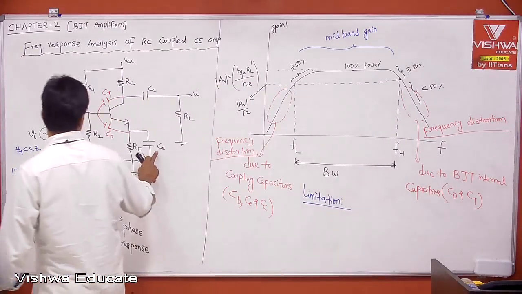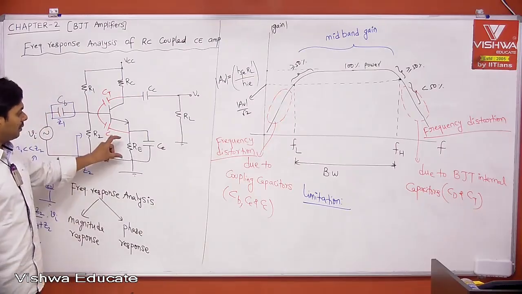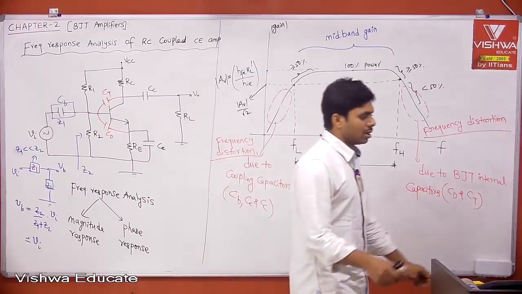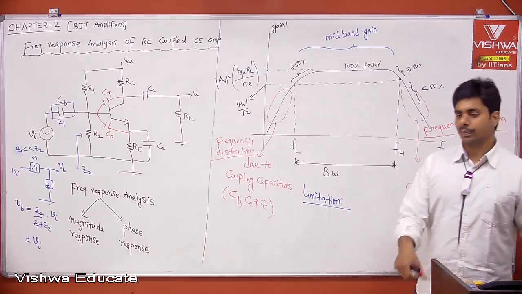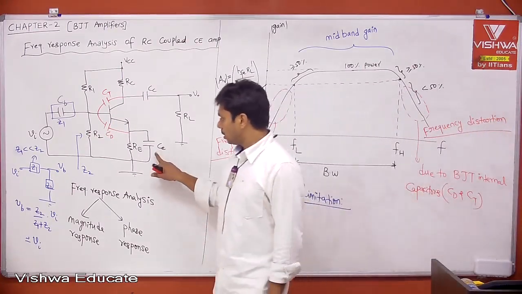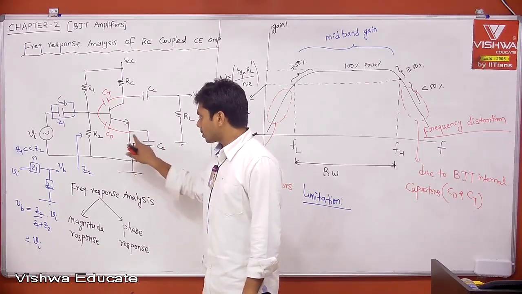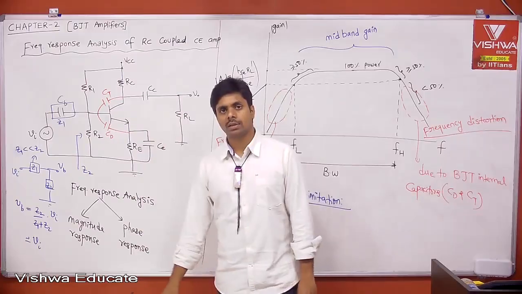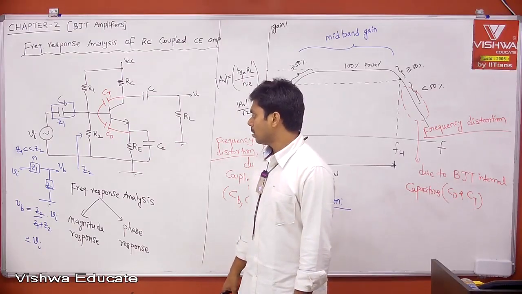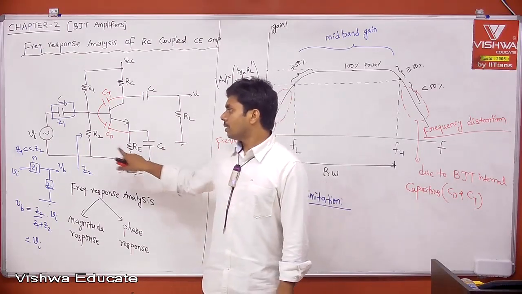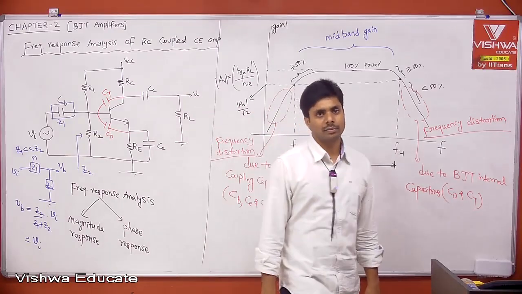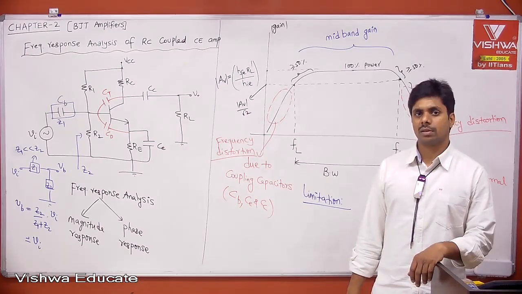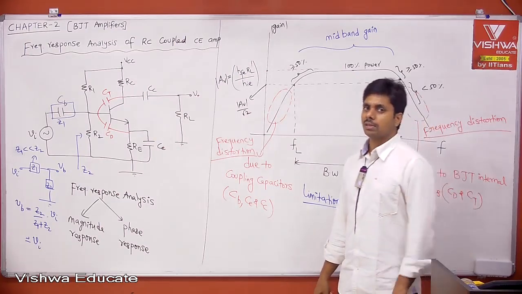The coupling capacitor CE will bypass the feedback resistor RE for input AC signals.